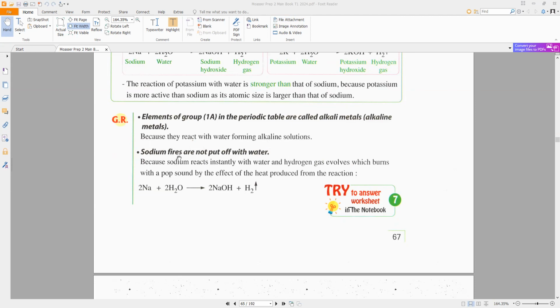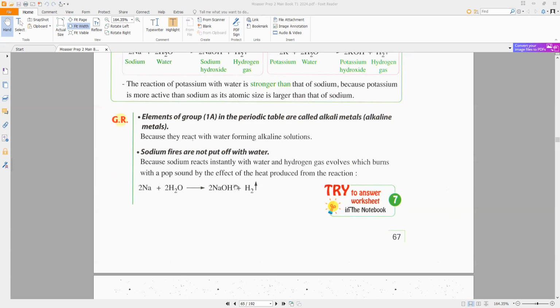Why don't we put out a sodium fire with water? We know that any fire can be put out with water, but a sodium fire cannot. Why? Because sodium and potassium react with water instantly, as soon as they are exposed to water, very strongly, and form the alkaline solution and hydrogen gas evolved with a pop sound.